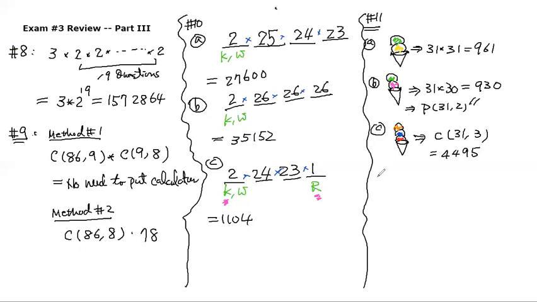Okay, so now let's take a look at number 12 here. Number 12 is interesting. It said, suppose 5 cards are randomly drawn from a well-shuffled deck of 52. What is the probability all 5 cards are red? Here we're going to apply the counting rule.